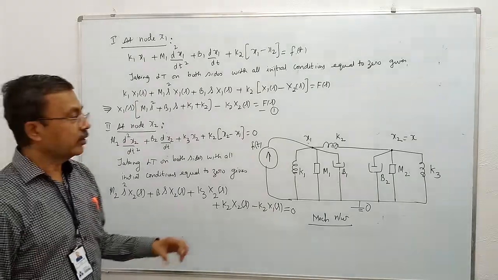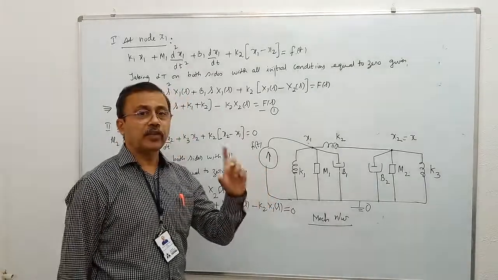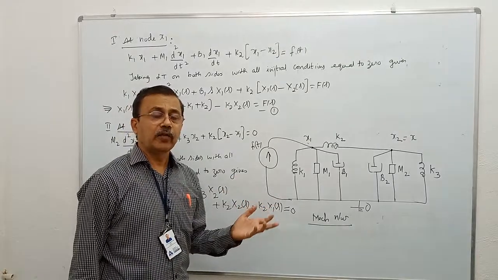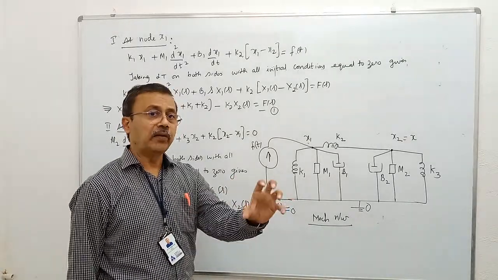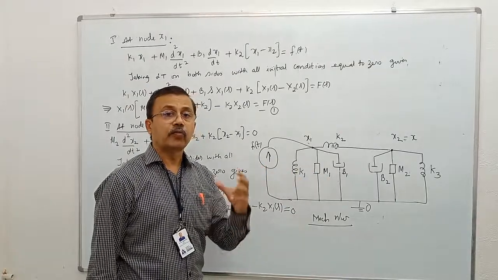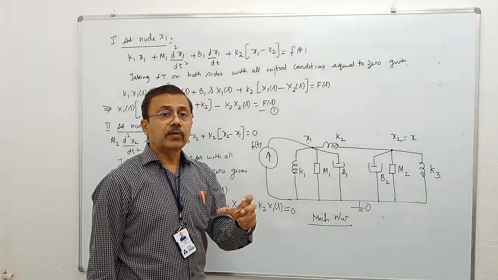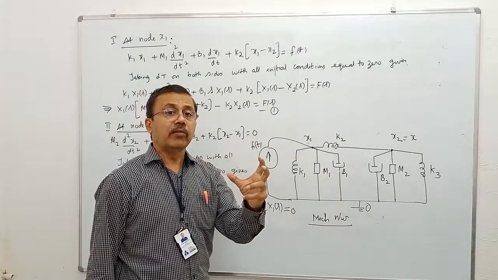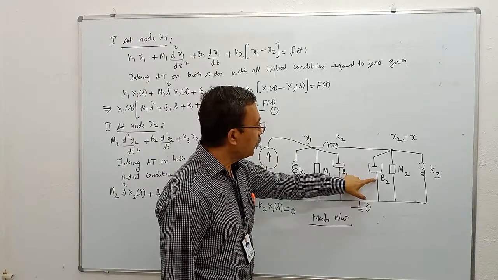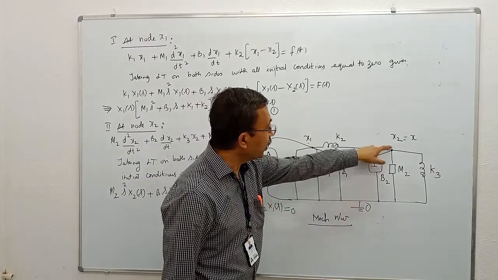Please remember, for a mass, the reactive force is M into d square X by dt square. For a spring, the reactive force is K into relative displacement. For a damper, it is B into relative velocities. That means for B2, it is B2 into d by dt of X2 minus 0.